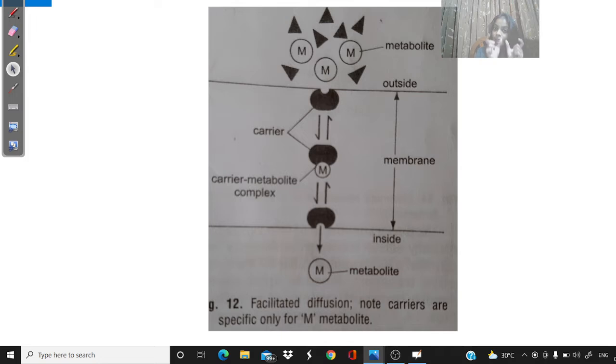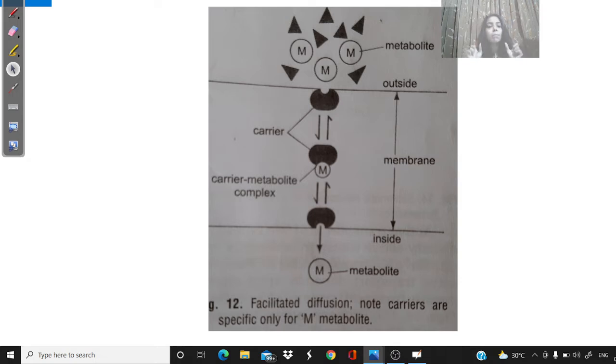So it needs a special carrier protein, which often is known as permease. Since it's permitting, giving permission, so the name permease. So that will help the metabolite to cross the membrane. But this happens without expense of any kind of energy. From its high concentration, the metabolite travels to its low concentration.